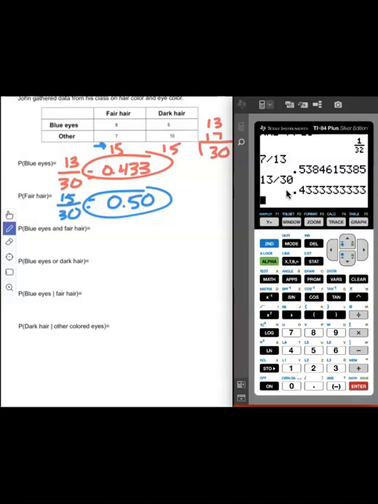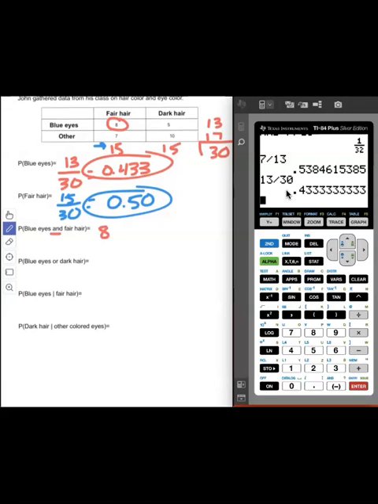Okay. The and problems aren't so different. Blue eyes and fair hair, that, again, I just told you that means multiply, but with two-way tables, it works out kind of nice. There's one box up here on the top that is both. Here's the box that represents the people with blue eyes and fair hair. There's 8 people that have both.